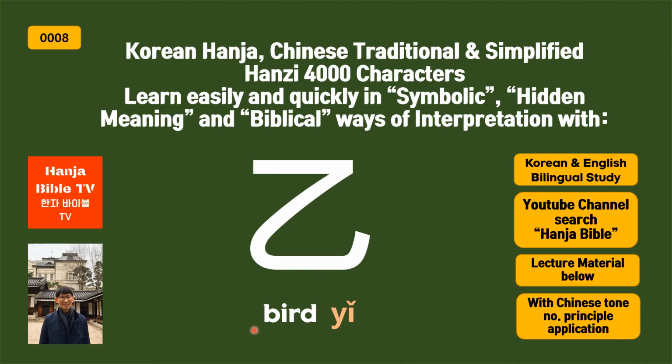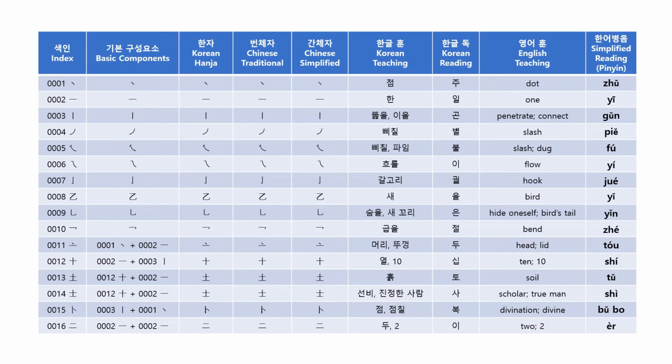This time we are going to look at this character, meaning bird, and the pronunciation E. A link is given for lecture material below. On the index, we are here now. Yeah, bird.